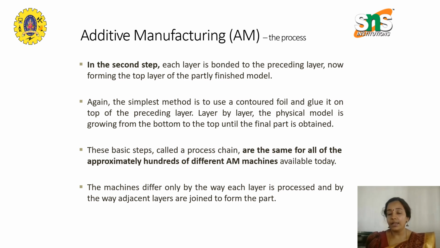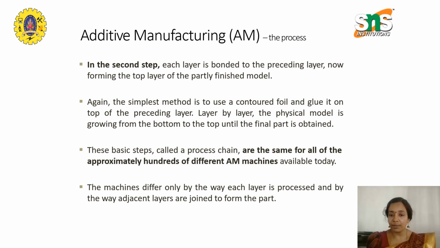In the second step, each layer is bonded to the preceding layer, now forming the top layer of the partly finished model. Again, the simplest method is to use a contoured foil and glue it on top of the preceding layer. Layer by layer, the physical model grows from the bottom to the top until the final part is obtained.